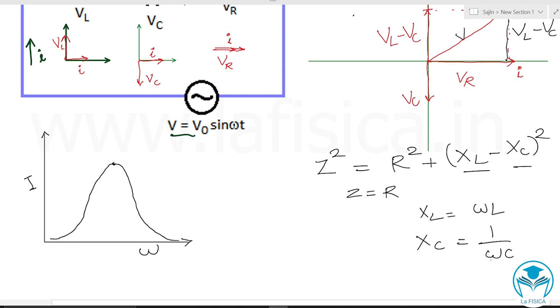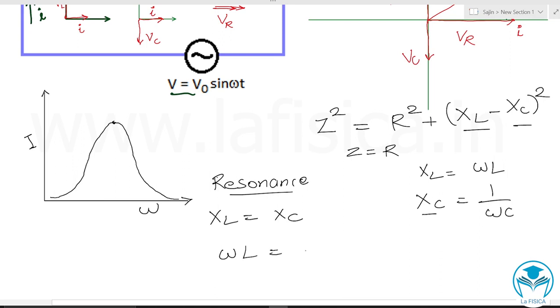If omega is very small, XC will be high and impedance will be very high and I will be very small. Impedance is minimum when XL is equal to XC. That particular frequency is called resonance. At resonance, XL is equal to XC. That is, omega L equals 1 by omega C.